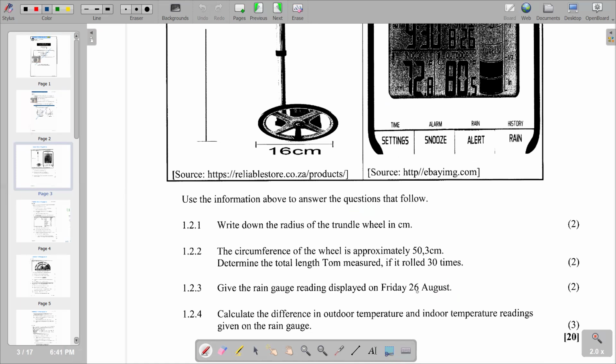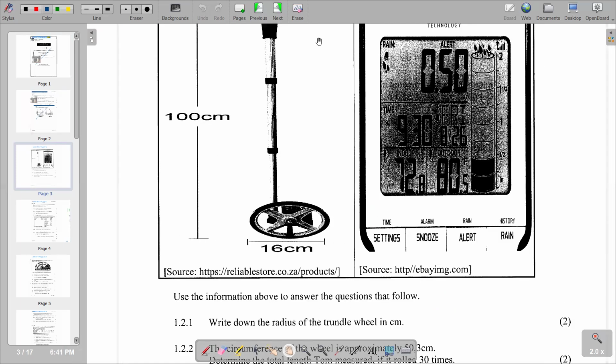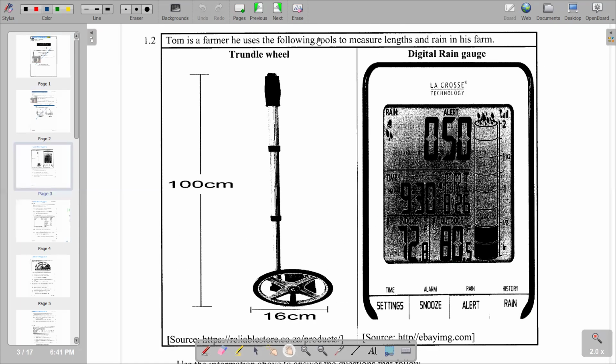So obviously we need to go through the information that we are given and see what we have. We have our reading here, where we have 0.5, and on the other section we have 0.50 inches, which is basically equivalent to half an inch.